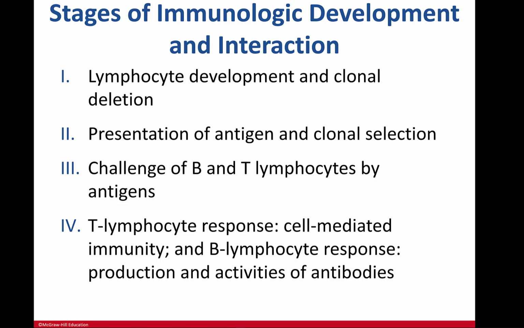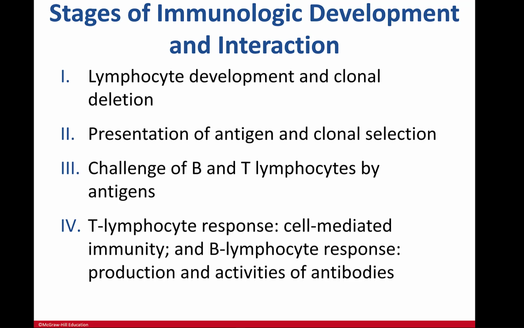Presentation of the antigen and clonal selection. In other words, of all the things that we make, which ones actually push the buttons that we need, and those are the ones we want. The rest of them, we'll get those through clonal deletion. Get rid of them. We don't need them. The challenge of B and T lymphocytes by antigens, that's the challenge. It's always a battle. T lymphocyte response, cell-mediated immunity, and B lymphocyte response.